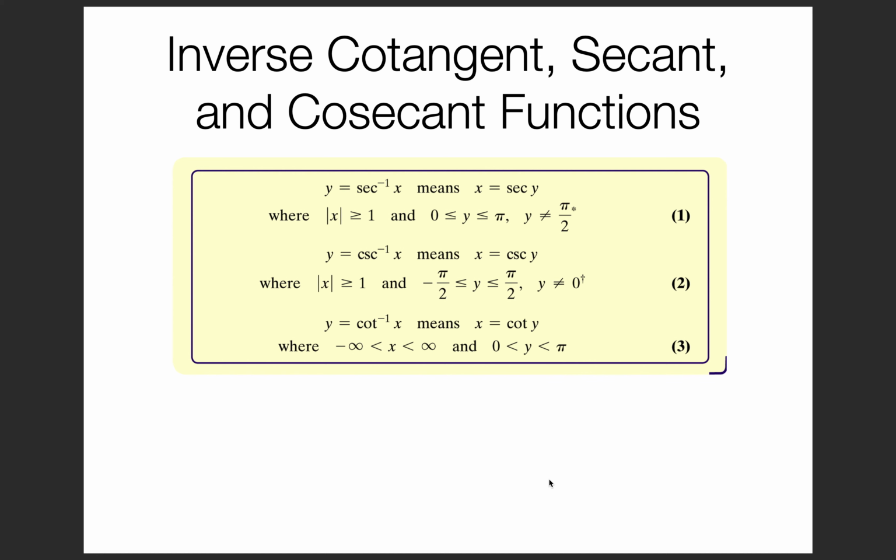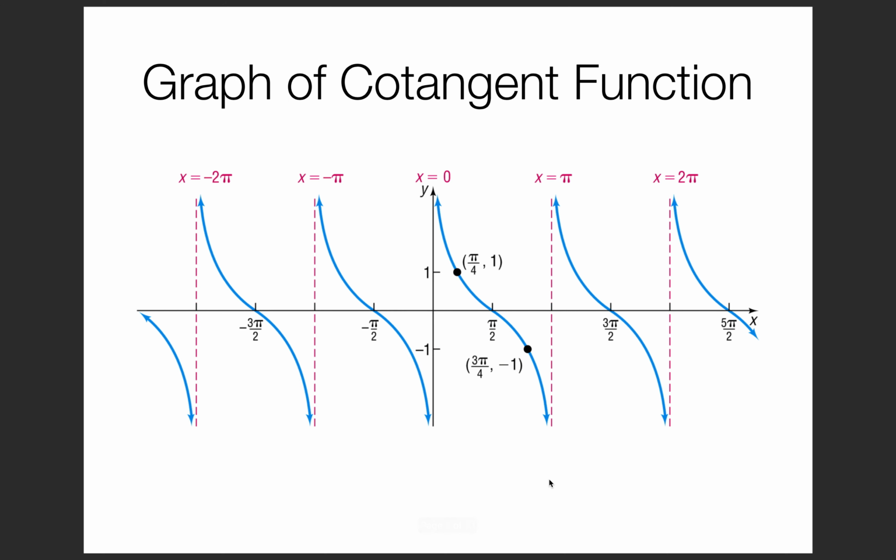All right, so I'm going to give you a visual picture, just as a refresher, of what the 3 functions look like, and then you can visualize what the inverse function is going to do. So cotangent looks like this, okay? Very similar to tangent, but it's flipped around the x-axis, and it's shifted over by pi over 2.